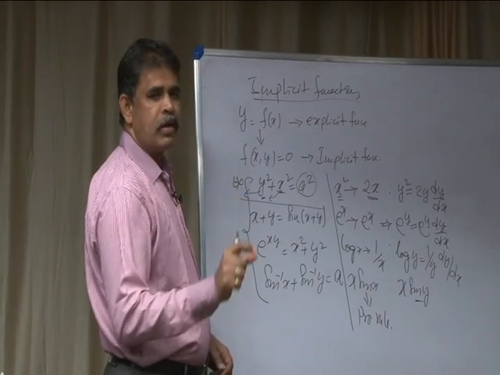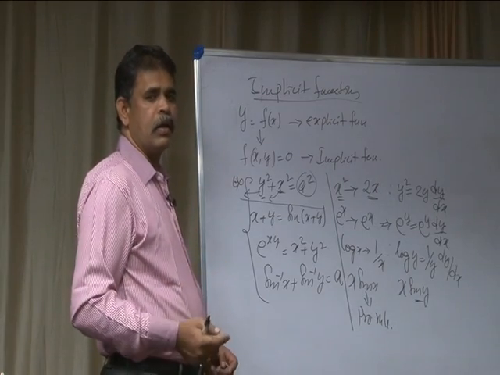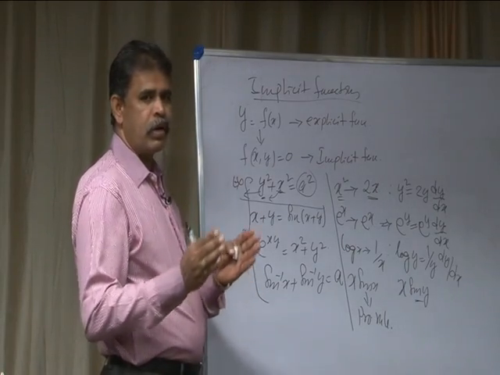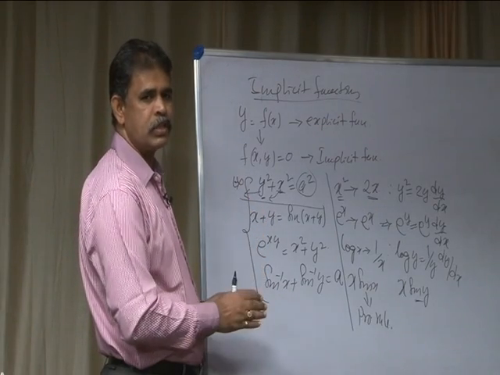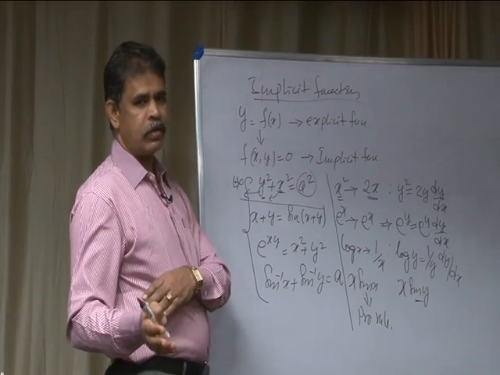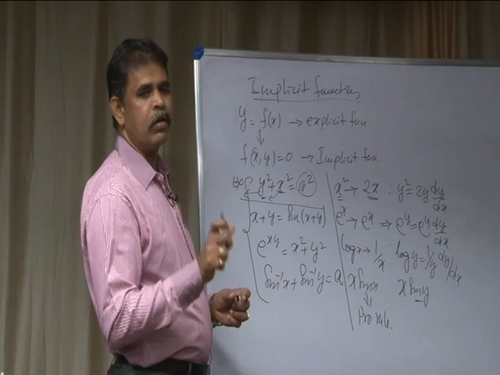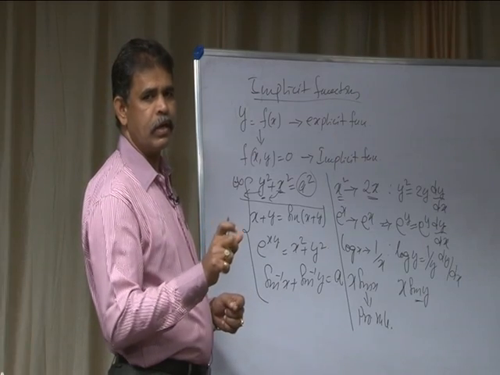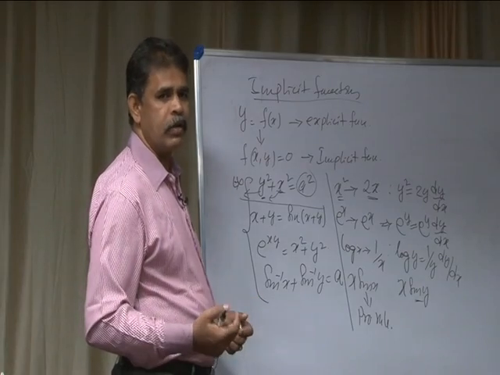The dy by dx comes in the middle of the equation or at the beginning. Finally, we take all dy by dx terms to one side and the other terms to the other side. Then we take dy by dx common, and the term along with dy by dx is sent towards the denominator of the right side.